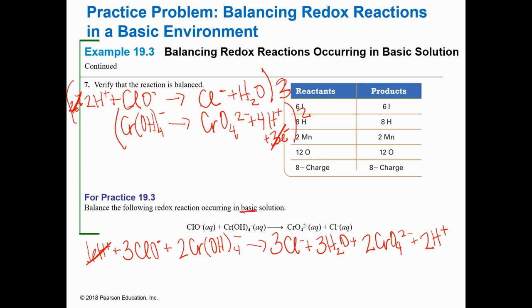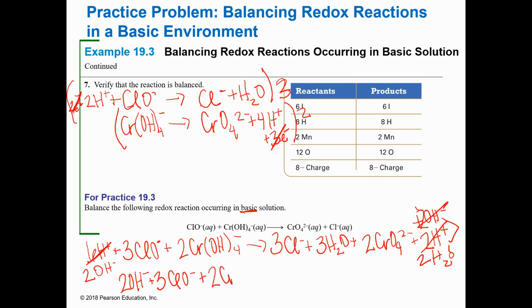This one does say in basic solution, so I need to add 2 hydroxides. These become 2 waters. So I know this looks like a mess right now, but my final answer, because I've got 2 waters and 3 waters, is 2 OH minus plus 3 ClO minus plus 2 Cr(OH)4 minus yields 3 Cl minus plus 5 waters plus 2 chromates.